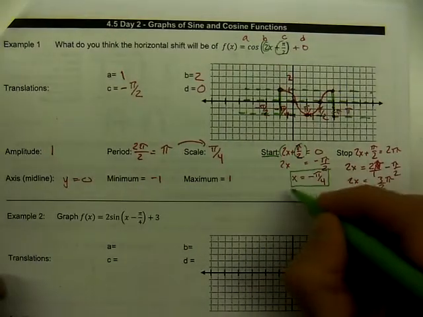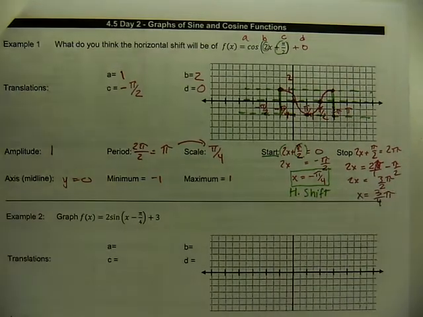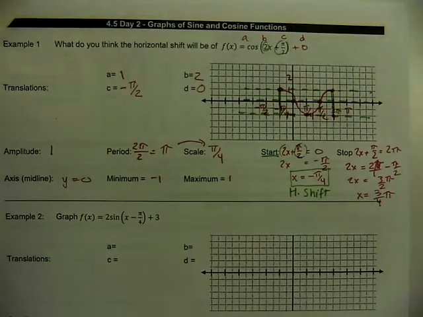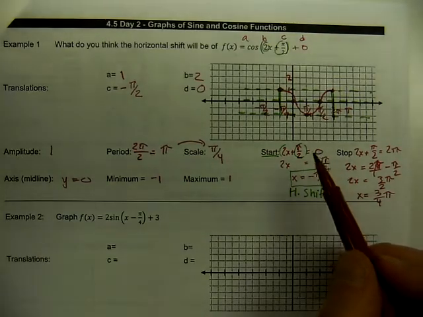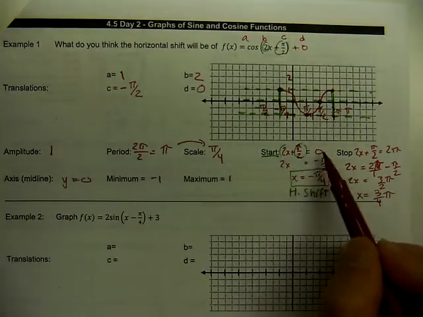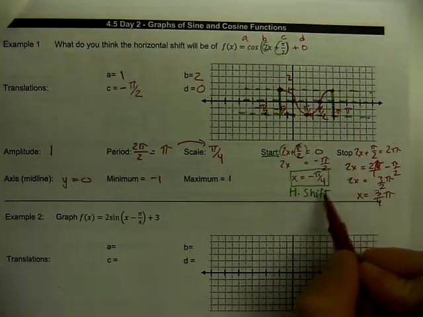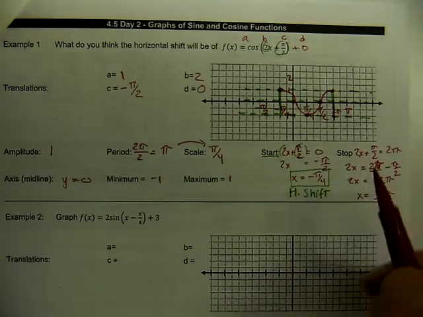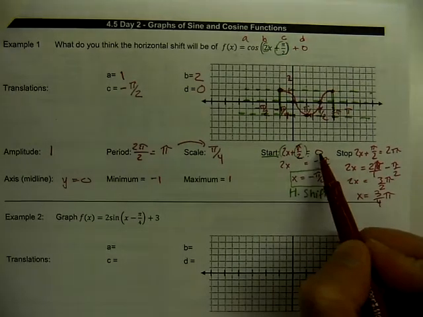So where we start is the same as the horizontal shift, or horizontal translation. I have to be a little bit more careful in how I say that, because some of the graphs that we're going to be doing when we get to tangents and cotangents, for example, they don't always start at 0. So to be more accurate, we would say you calculate your horizontal shift by taking everything that's in the parentheses and you set it equal to 0.